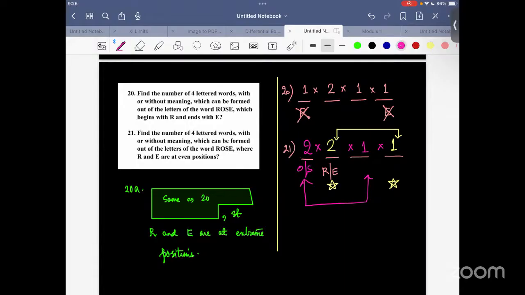The first part is same as 20. Find the number of four-letter words with or without meaning, which can be formed out of the letters of the word rose, such that R and E are at the extreme positions.